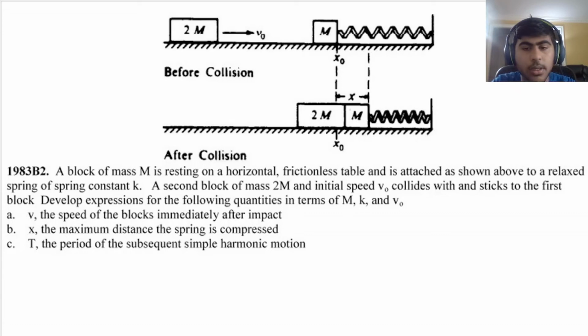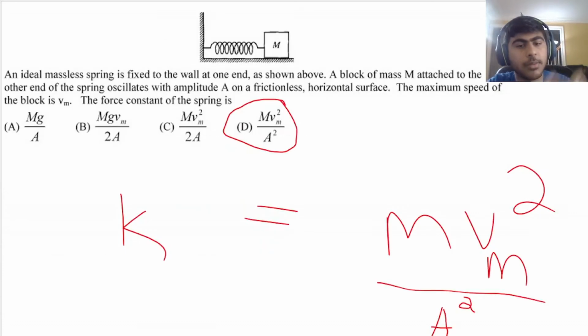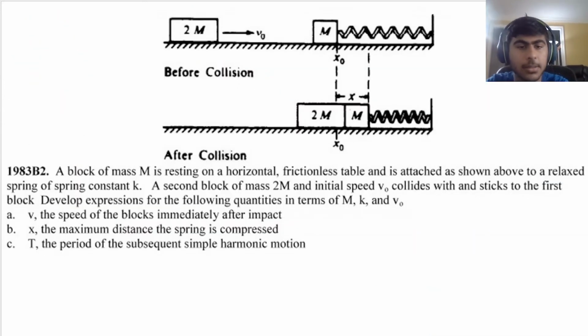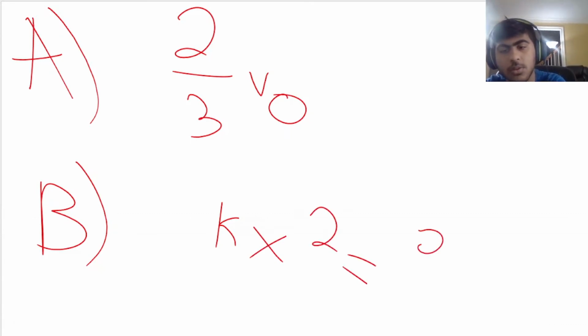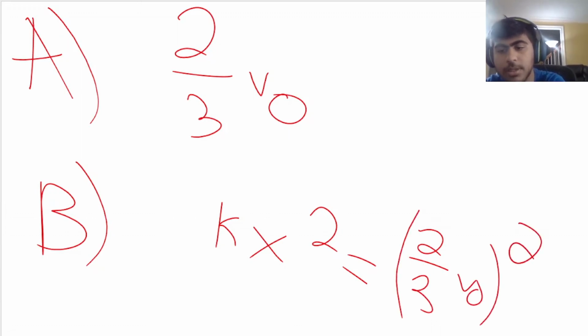All right, we have an initial velocity, we have a spring constant, we have a mass. We plug into the same equation we used up here. The k x squared equals m v squared, and we get that, okay, I just removed the 1/2 from both sides prematurely because we really don't need it. k x squared equals 2/3 v0 squared times m.